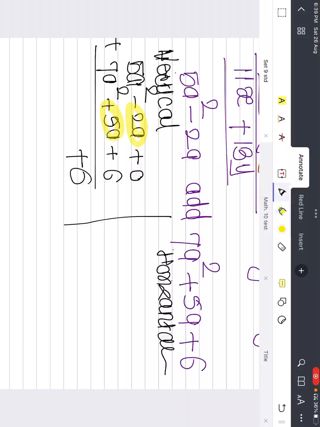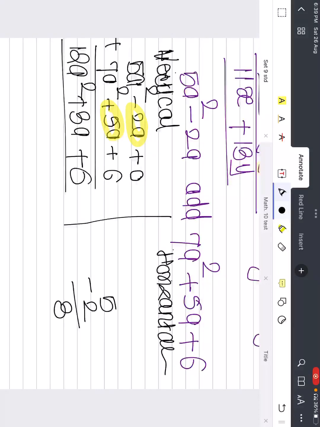We know that if the terms have different signs, we simply subtract. So 5 minus 2 is equal to 3, so your answer is plus 3a. Clear? Next one, 7a square plus 5a square, so 12a square. So if you add these terms, we get the answer 12a square plus 3a plus 6.